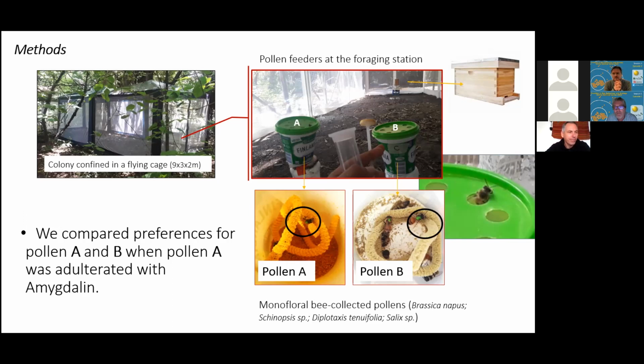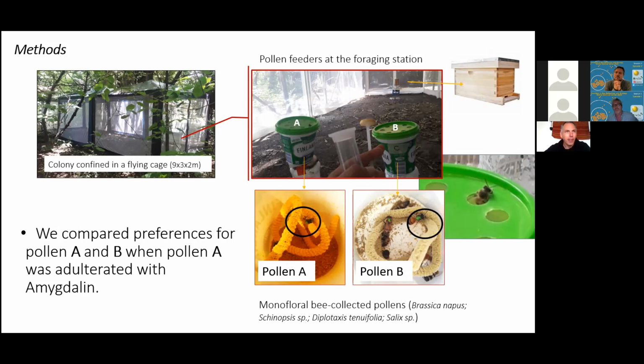gathering. But it's interesting, that's my last comment, because in the last seminar we had the question: so the food quality control might be at the level of the nurses and not of the foragers. Yeah, I totally agree.